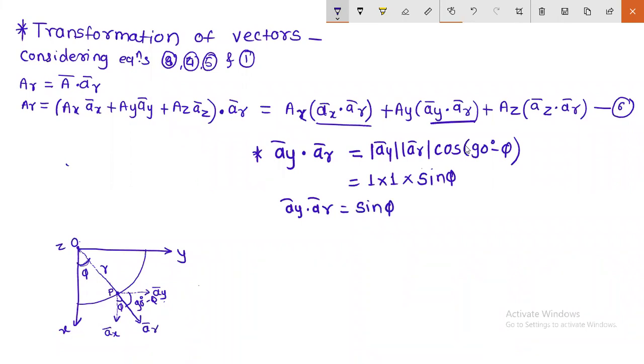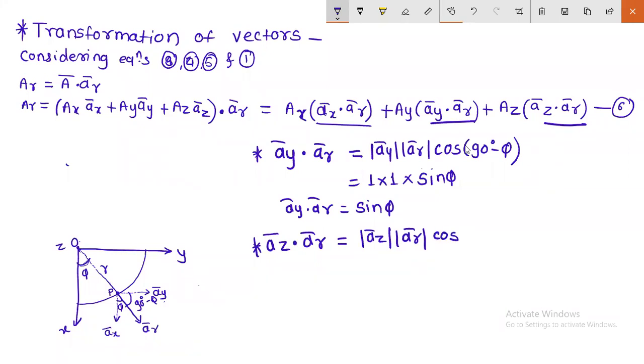Now the third coordinate, a bar z dot a bar r. It is equal to mod of a bar z, then mod of a bar r, into cos of the angle.